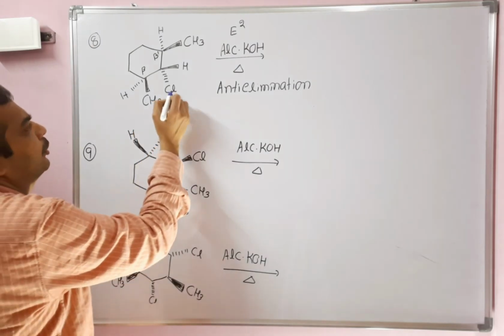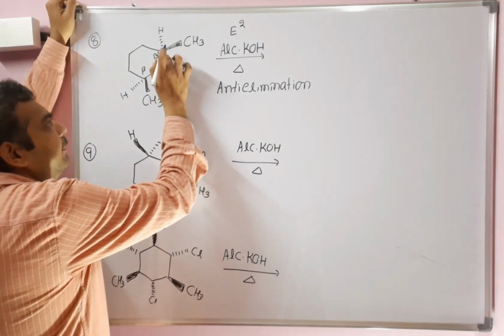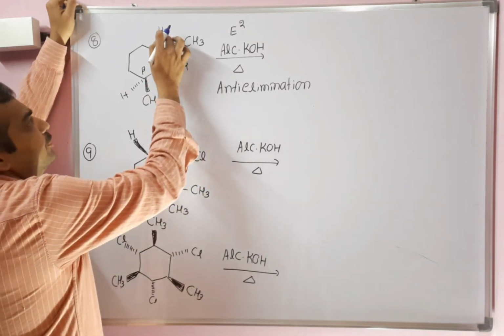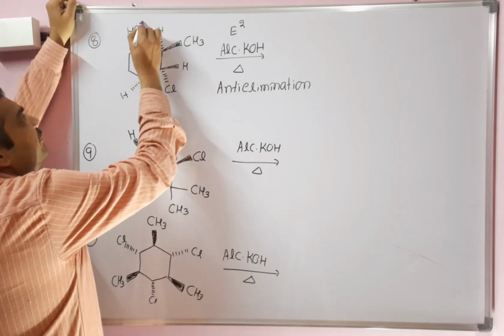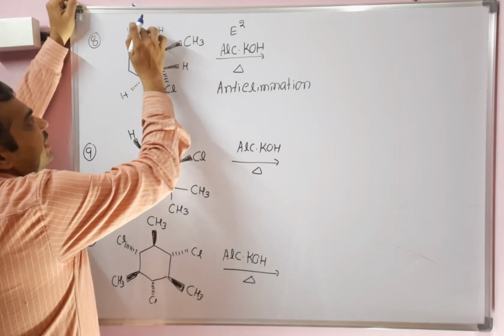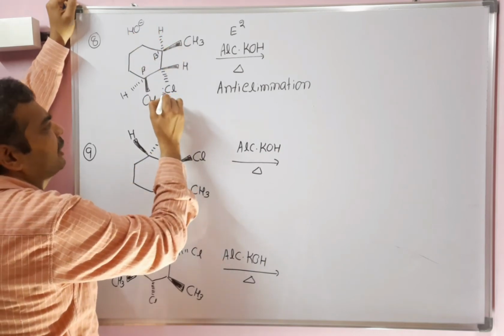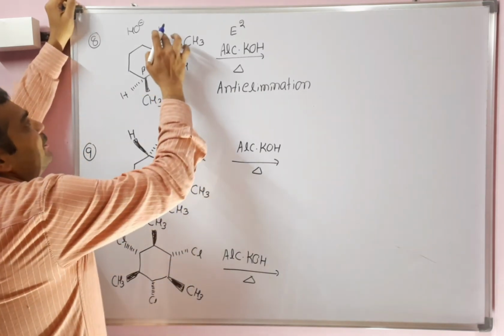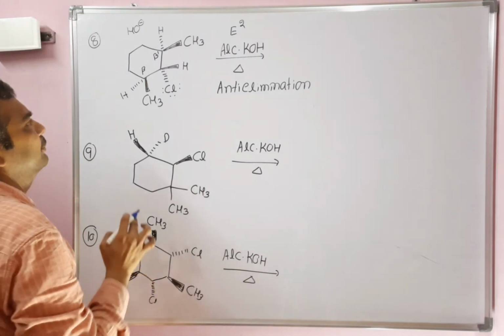Chloro is below the plane. So at the beta carbon we need the hydrogen above the plane, but the hydrogen is also below the plane, the same side. Same side means OH minus will not abstract a proton here, because the lone pair of electrons of oxygen and the lone pair of electrons on chlorine have lone pair repulsion. So the same side hydrogen is not possible to abstract with OH minus.